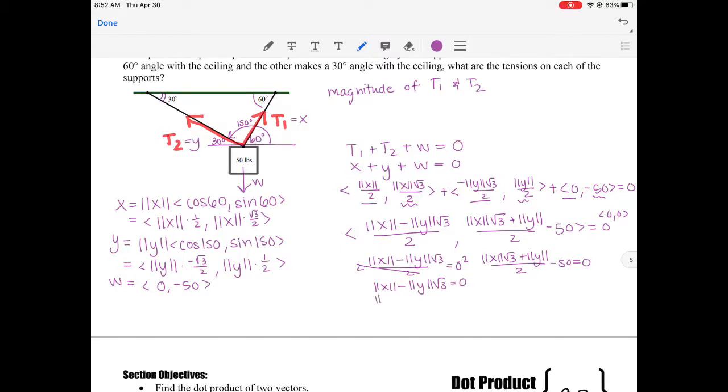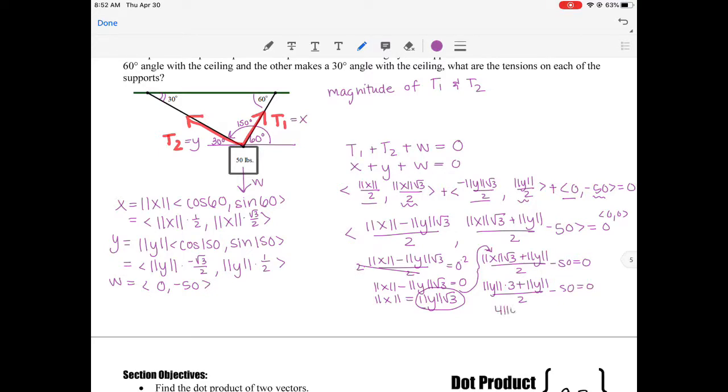So now let's subtract the magnitude of y square root of 3 to the other side. So we get that x, the magnitude of x, is equal to y, magnitude of y square root of 3. At this stage, I'm going to plug that into this other equation. So the magnitude of y will now replace that. Square root of 3 times the square root of 3 is going to be 3 plus the magnitude of y all over 2 minus 50 equals 0.